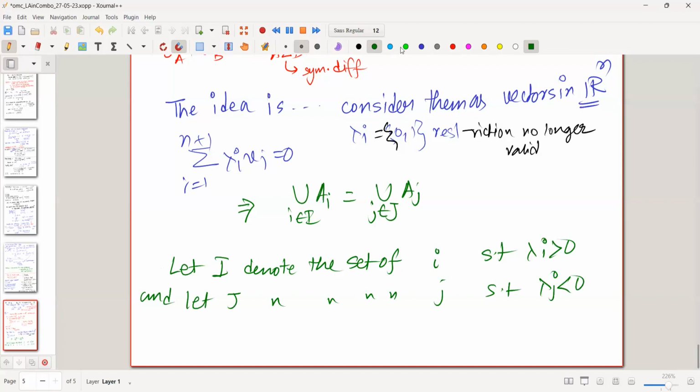Then the claim is that my actual sets are just I and J as written here. So claim: I and J work.